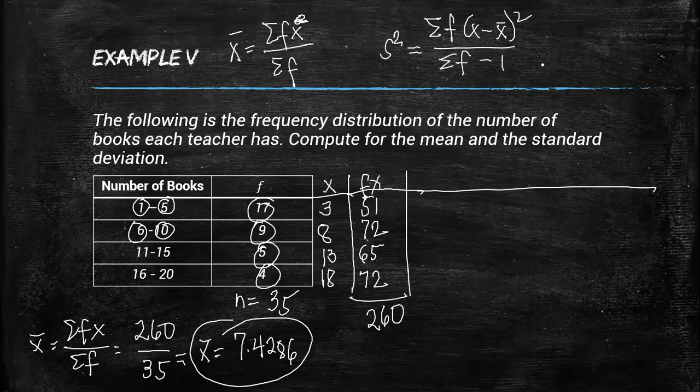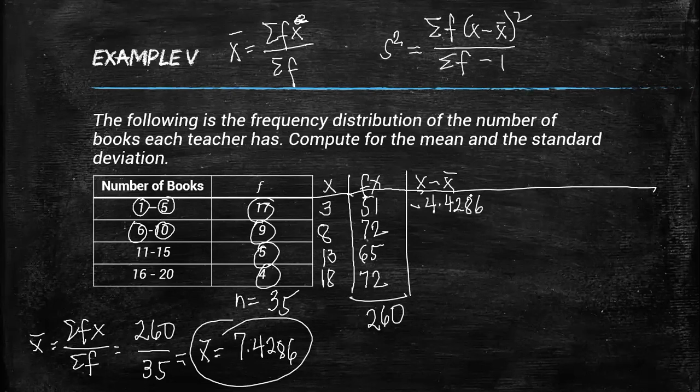Ayan siya. Okay? So, hanapin muna natin yung x minus x bar. So, ano yung x? Ito yun, yung 3. 3 minus the mean, 7.4286. 3 minus 7.4286. That would be negative 4.4286. Okay?